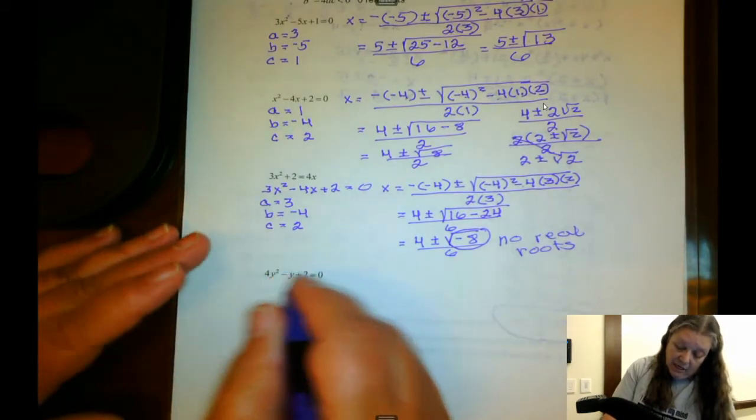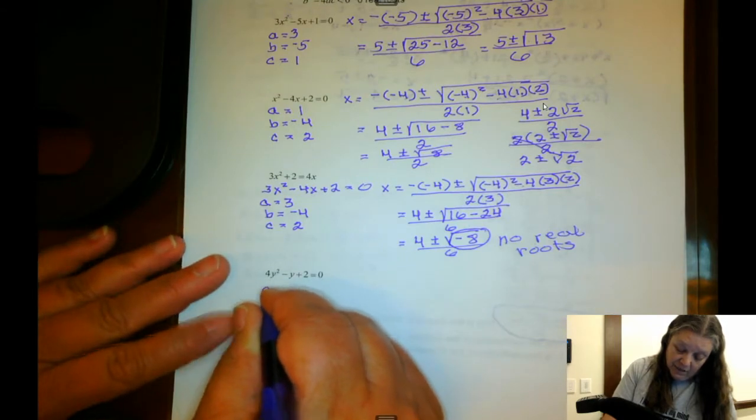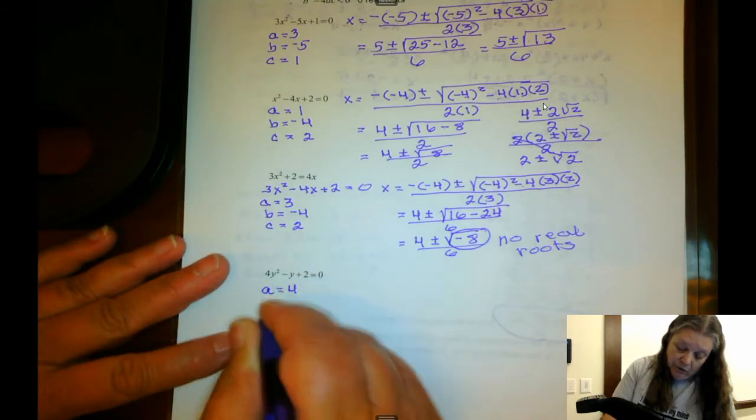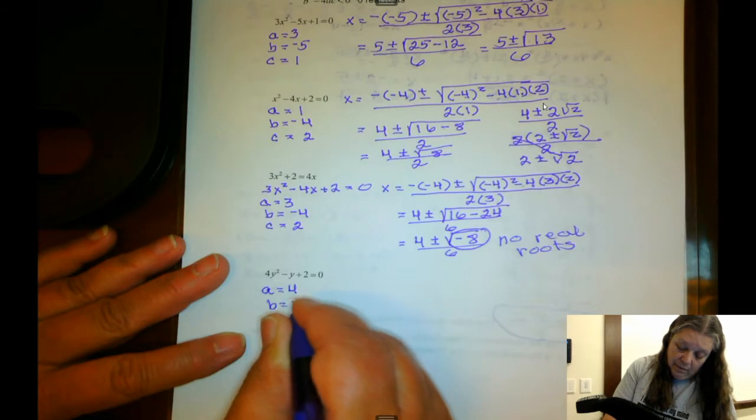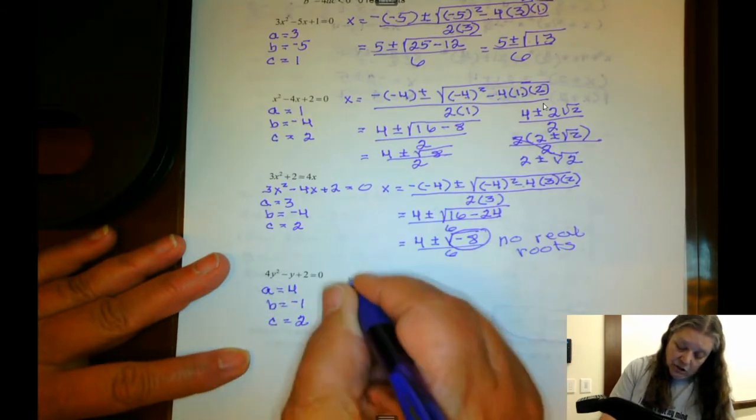With the last one, again, we're using y instead of x. That's okay, same process. A equals 4, b equals -1, c equals 2.